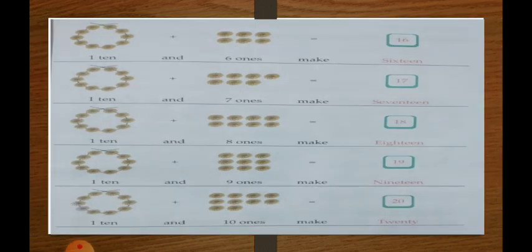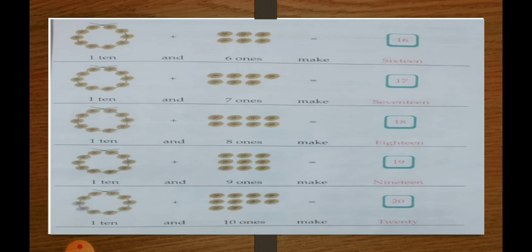Now see the next page, page number 61. Here again a garland of 10 flowers, 1 ten, plus 6 more separate flowers. That garland you count as a 1 ten, which means 10, and after 10 show me 6 fingers and count: 11, 12, 13, 14, 15 and 16.